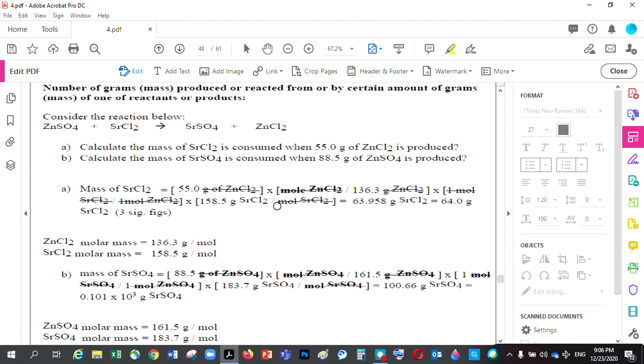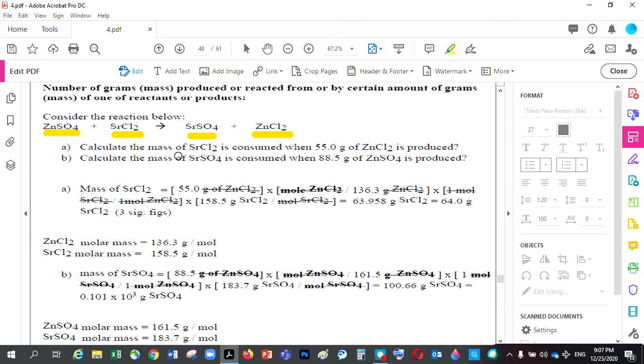So now let's look at when we have to calculate the number of grams, correct? We have zinc sulfate. We react it with strontium chloride to get strontium sulfate with zinc chloride.